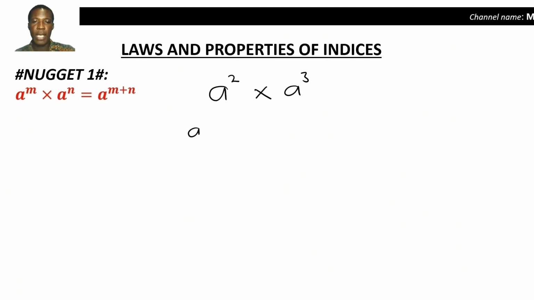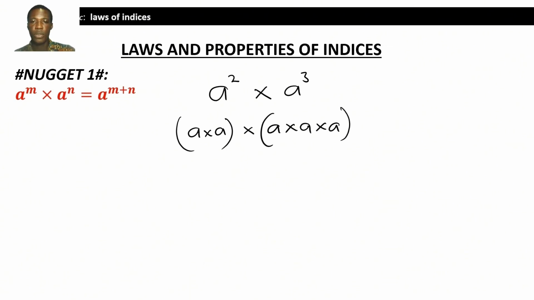So we will have a multiplying a, that is a to the power 2, multiplied by a multiplying itself 3 times. Okay, so this one is also a to the power 3.